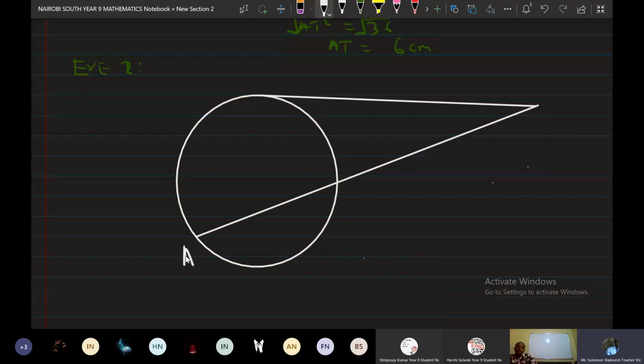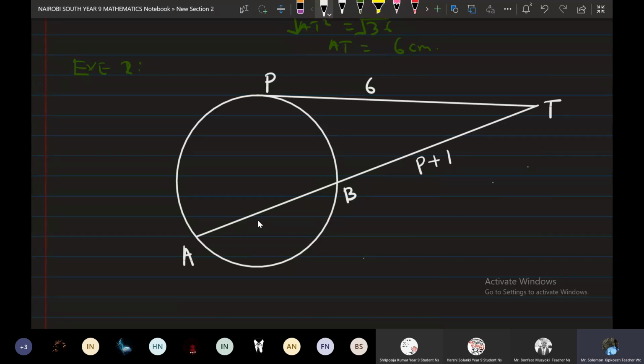This is A, this is B, and this is T. Then after that, this is a P here. Now this is 6. From here to here, this is P plus 1. And then here alone is P. Find the value of P. Try that.